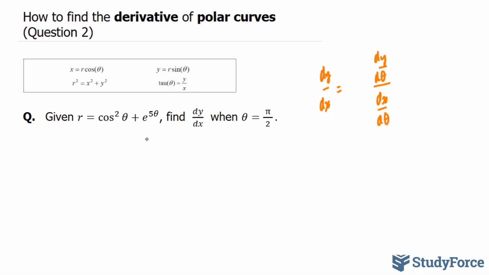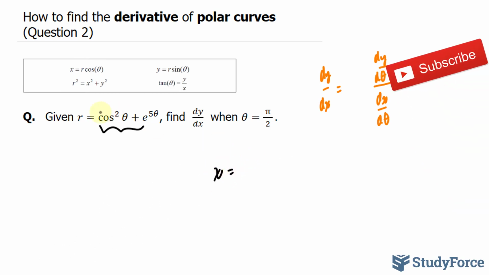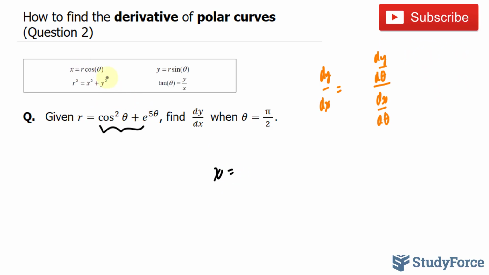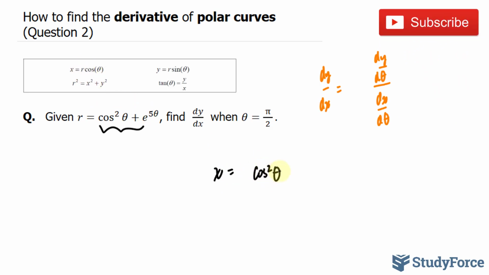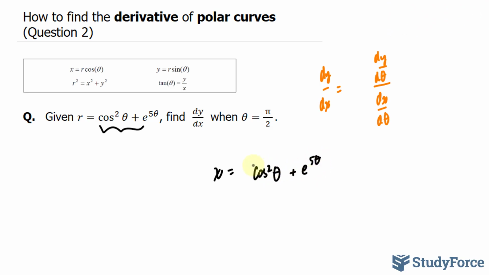If you're confused by that, here's what I mean. I'll first take the content of r, which is the right side, and place it right into here. That will give me an equation that's in terms of x and theta. Look, x is equal to, taking this and placing it right into there, cosine squared theta plus e to the power of 5 theta, all multiplied to cosine theta.